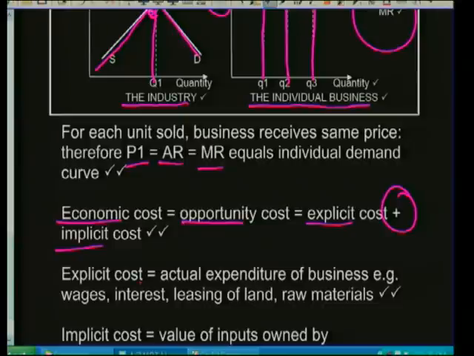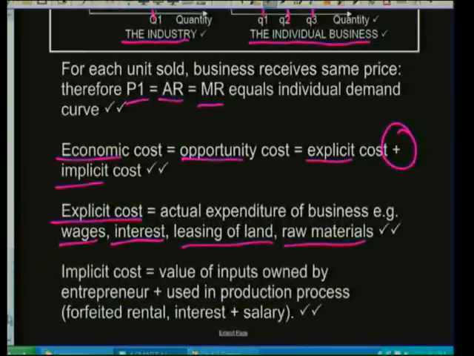Explicit cost: expenditure on wages, interest, leasing of land, raw materials. Implicit costs would include the value of the inputs owned by the entrepreneur and used in the production process. That would be forfeited rental, interest, and salaries.